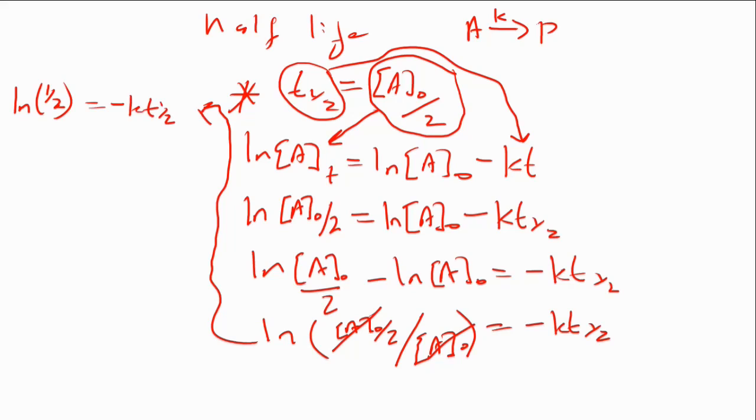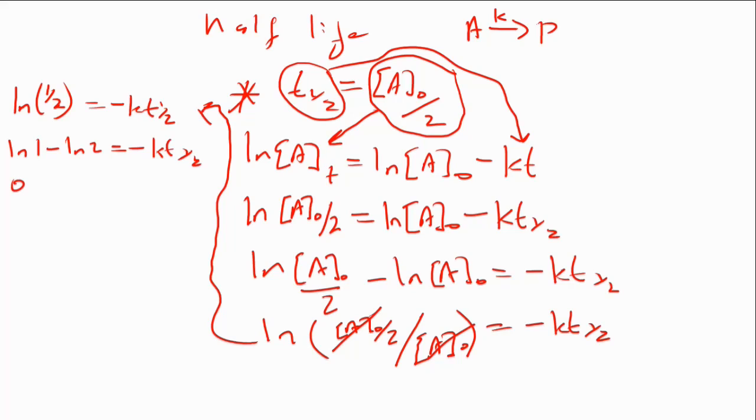ln of a half is the same thing as saying ln of 1 minus ln of 2 is equal to minus k t half. ln of 1, I'm quite sure, works out to be 0.